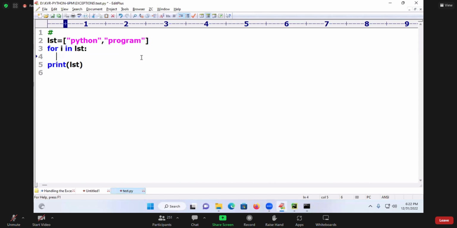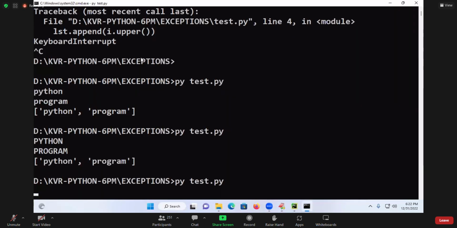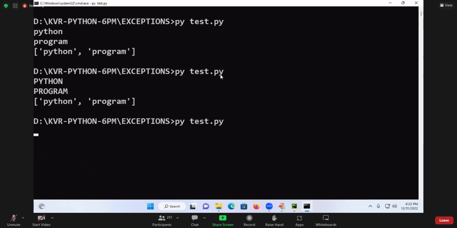Okay. So lst.append, for example, I am writing 10 just for a minute.